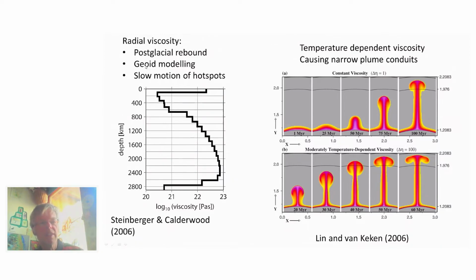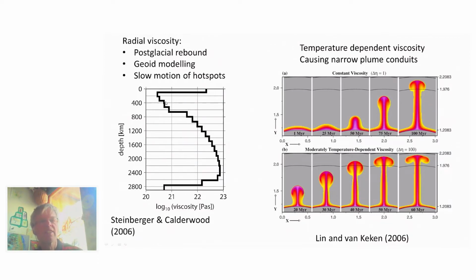And from modeling the geoid, that you have both geoid highs above low density material in the lower mantle and high density material in the upper mantle, you know that you have to have a strong increase of viscosity of about a factor of 30 to 100 or so between the upper and the lower mantle.